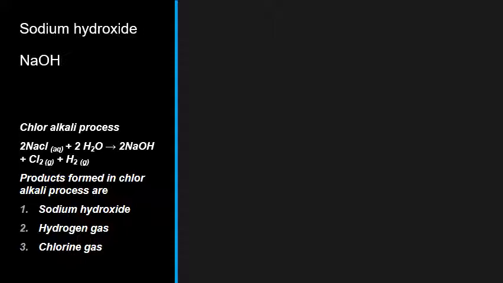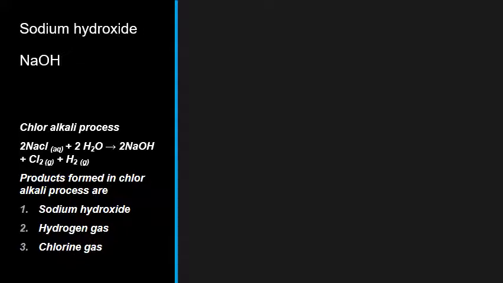Sodium hydroxide is an alkali. Remember, you might have already learned all alkalis are bases. This sodium hydroxide is also an alkali, an alkaline substance. And chlorine gas and hydrogen gas are also formed. How?